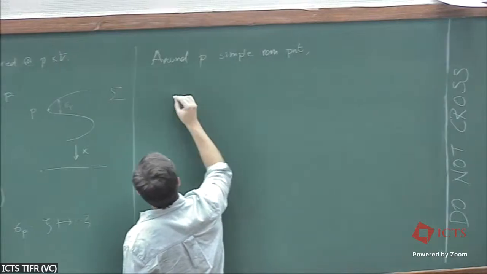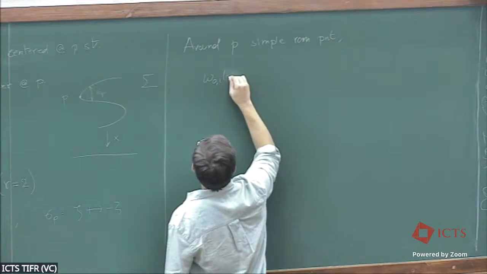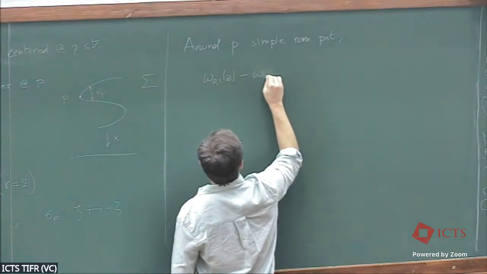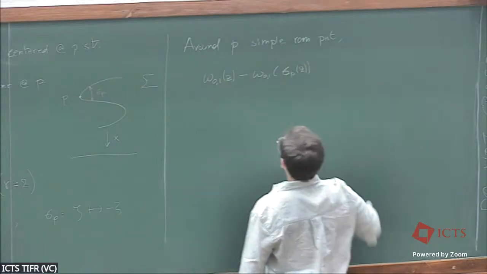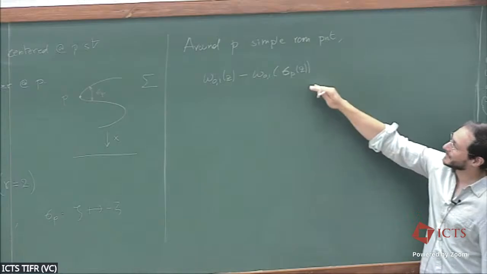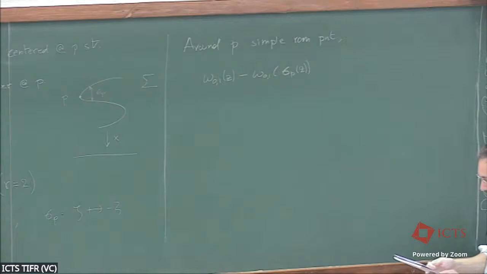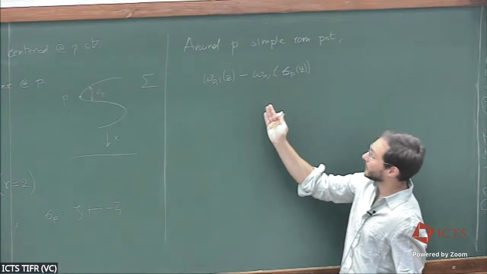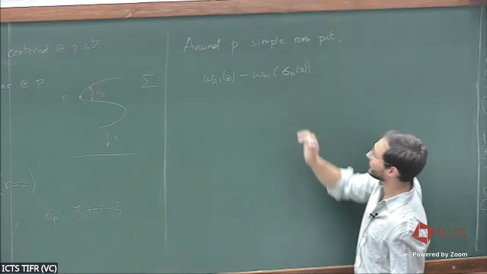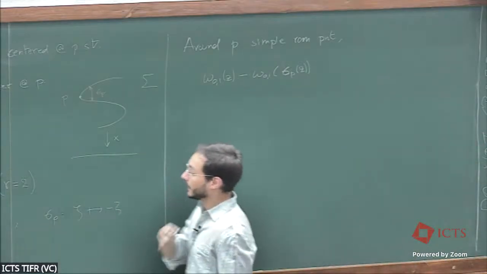What we can consider is the following expression. Take omega 0,1 of z minus omega 0,1 of sigma_P of z. This is maybe a weird thing to consider, but you will see very soon that we will consider these kinds of expressions several times. This is only locally defined around P because this involution is locally defined around P. But what we can do is pick this local coordinate and expand.